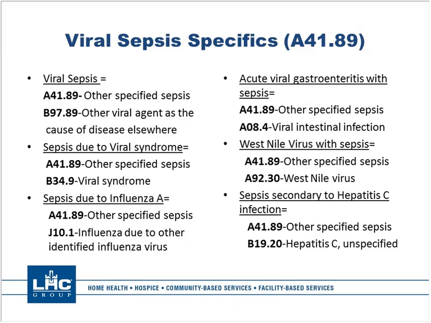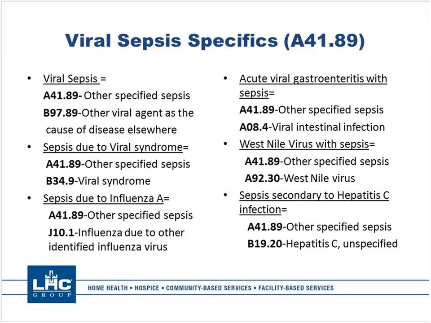Now, viral specifics. In the time that we're in, which is flu season, and gastroenteritis, this is basically just a reference sheet for you. If you have viral sepsis, your only option to identify that sepsis is A41.89. So I've given you some examples of if it's viral sepsis, you'll use these codes.